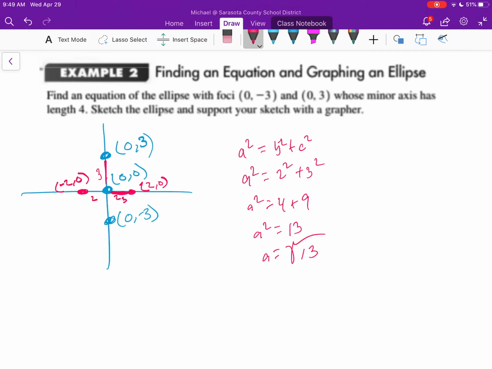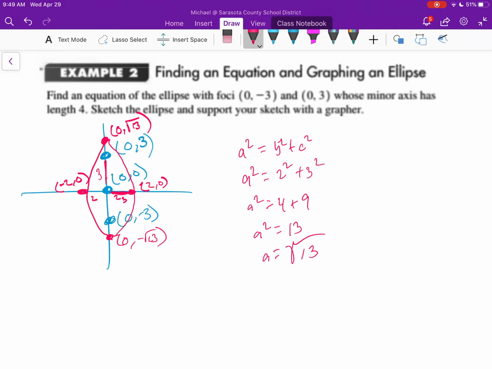That means the distance from the center to the vertices is the square root of 13. So we have a point, maybe somewhere around here, at (0, square root of 13), and a point down here at (0, negative square root of 13), and those are the two vertices of our ellipse.